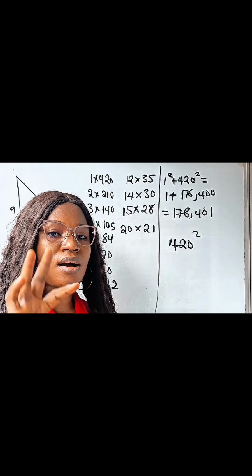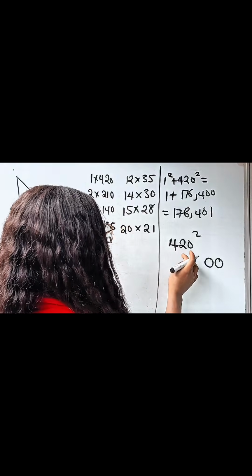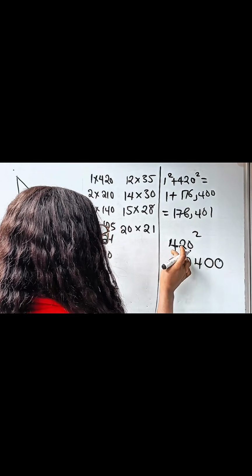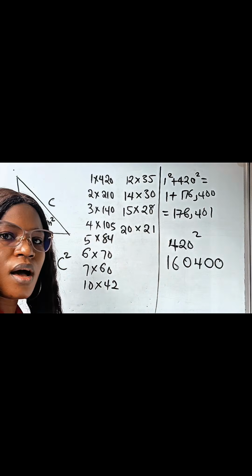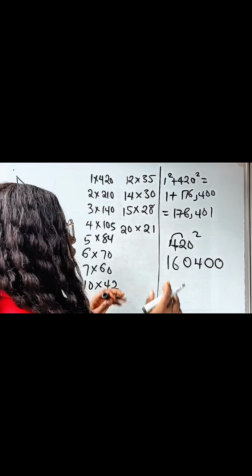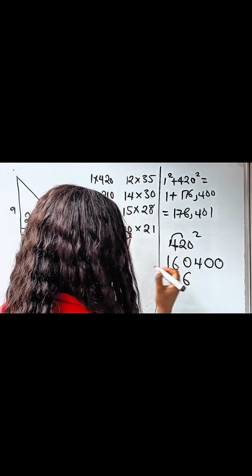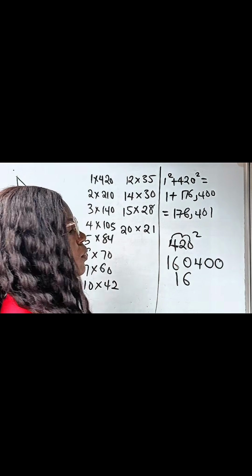Always write your answer as a 2-digit number, so I'm going to write 00. 2 squared is 4, so I'm going to write 04. 4 squared is 16, which is already a 2-digit number. Now we continue. 4 times 2 is 8. I will double that 8 to get 16, and I will leave the first digit and write it here. It's a trick.